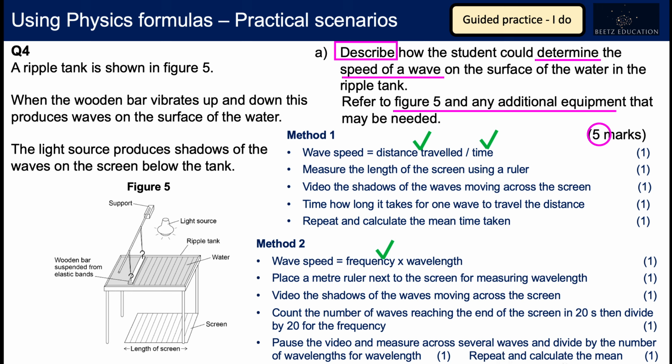And finally, repeat and calculate the mean. So I've actually got 6 different good points there and I only needed 5 of them to get 5 marks. Those are 2 different methods I could have used. Again, building the answer around the equations. Even if you forget the method, find the equation, mention the quantities and how you'll measure them.